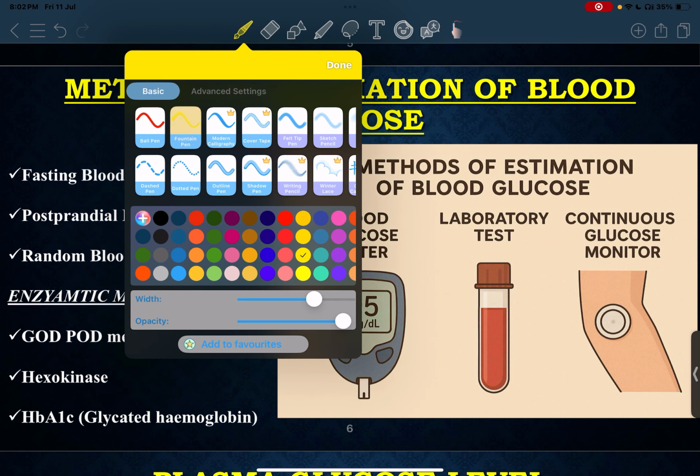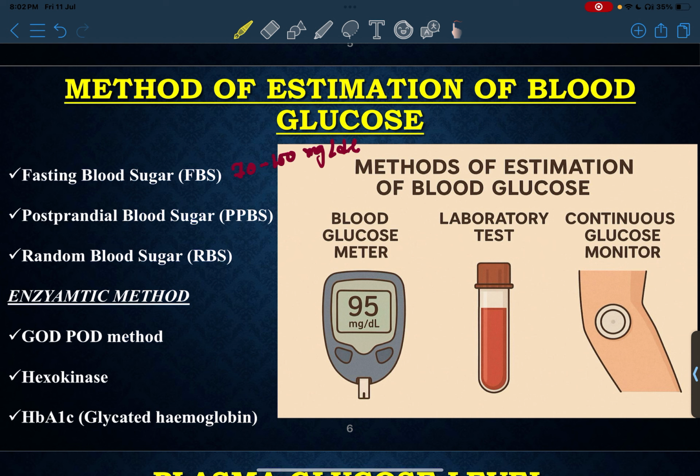So how do we measure the fasting blood glucose? In a patient who is fasting overnight, that is more than 8 hours, we take the blood sample and we measure the fasting blood glucose.